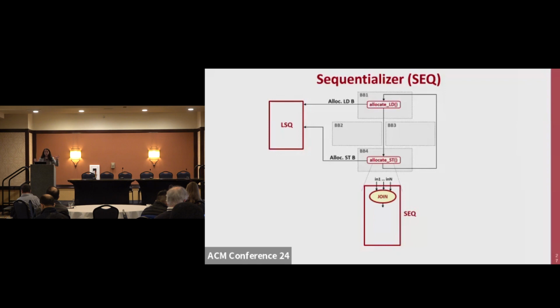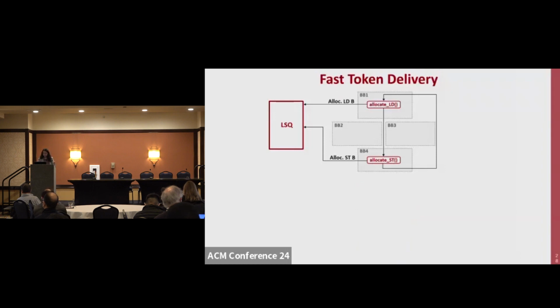So we insert a synchronizer at the input to synchronize all of the incoming inputs. And then we insert a fork which replicates the input so that you pass one token to the load store queue to manage the allocation and another token to honor the data dependency next to the consumer. And finally, we add a register which introduces a 1 cycle latency to make sure that you don't have 2 allocations happening in 1 cycle.